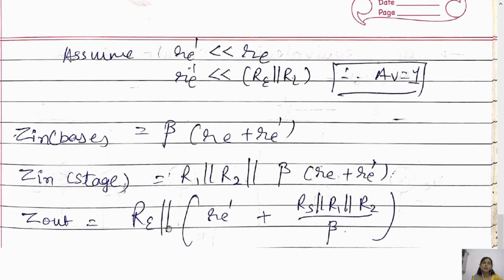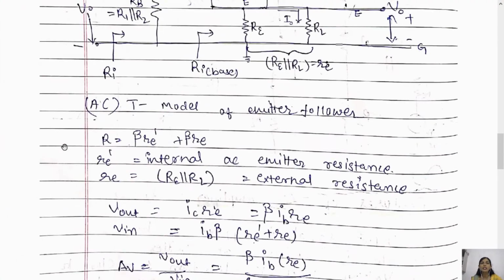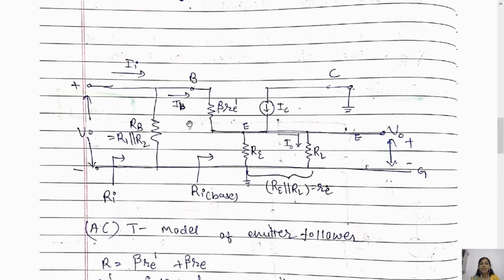Other definitions you will have to remember: Z in for base, that is input impedance, which is defined as beta into Re plus Re dash, internal and external resistance, into beta. For Z in of the stage, you will have to consider R1 parallel R2 also. If you are considering the Z in base, then you can ignore R1 parallel R2.